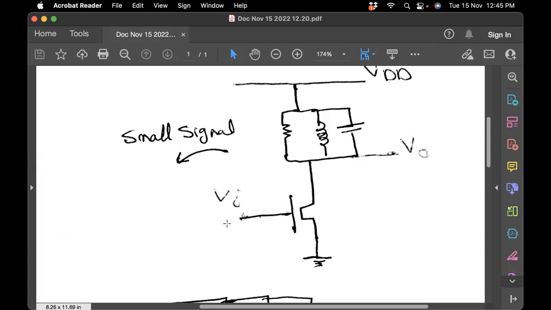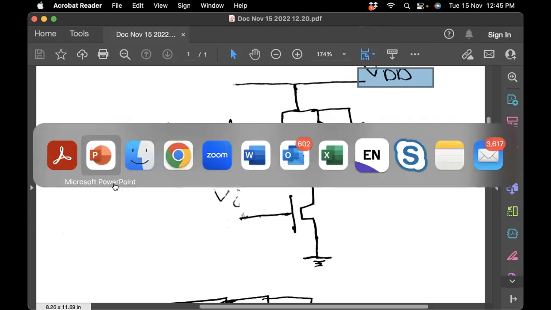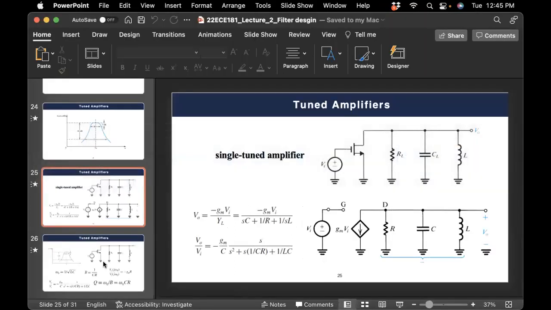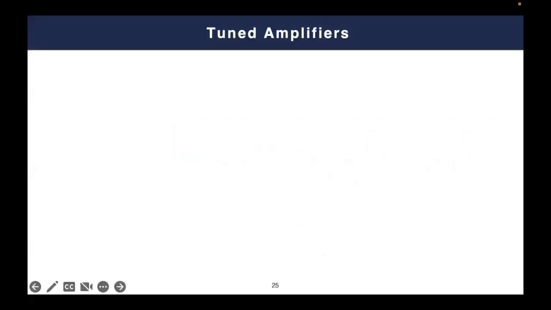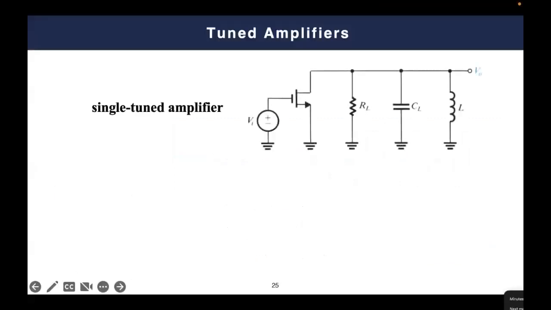But once you start to do an AC analysis for your MOSFET, as you know from your previous courses, you deactivate all DC supplies. So simply this VDD voltage will be deactivated, which means that simply it will turn to ground, and then you have the circuit you see here, which is basically this circuit.